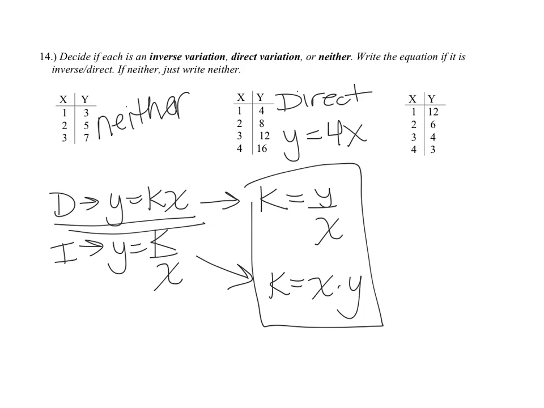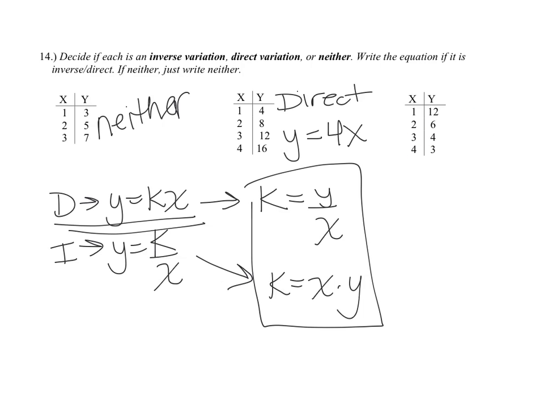The next one, if you take 12 divided by 1, you get 12. 6 divided by 2, you get 3. 4 divided by 3, you get 4/3 or 1 1/3, right? This one, if you divide y by x, you do not get a constant. So let's move on here. If I multiply x and y together, will I get a constant? 1 times 12 is 12. 2 times 6 is 12. 3 times 4 is 12. 4 times 3 is 12.